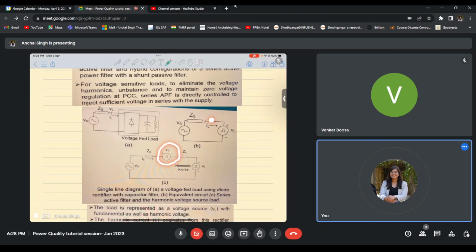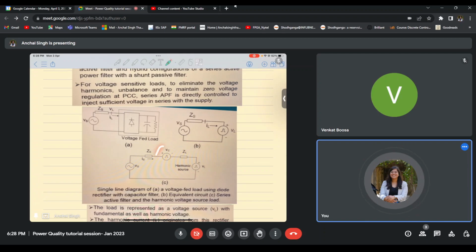So this is showing the logic from where the evolution of series power filter came. Series power filters are nothing but KVL, Kirchhoff voltage law. So we know that in order to take care of these harmonic voltages or any problem in this voltage, we can connect something in series to make the net combination of desired voltage.